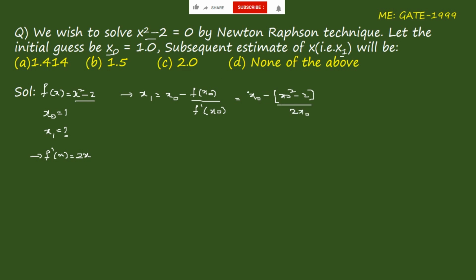Again they gave that x naught is 1. So it becomes 1 minus (1 minus 2) by 2, which is 1 plus 1 by 2, which is equal to 3 by 2, which is equal to 1.5. So the answer is option B.